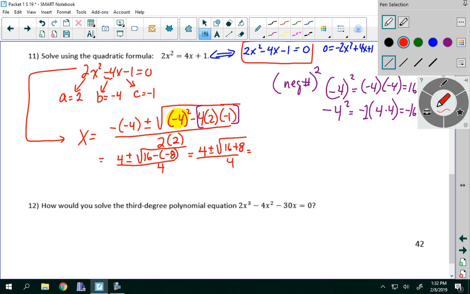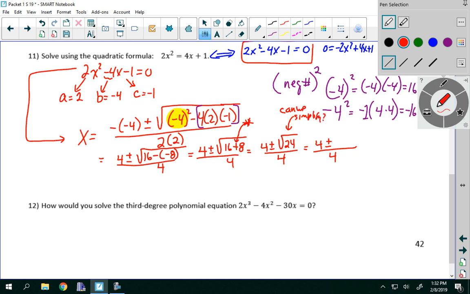Again, this is one area where I sometimes see a lot of errors, when you're subtracting a negative number. So this is 4 plus or minus the square root of 24 all over 4. Now, to get the exact solution, we need to ask ourselves, can we simplify this radical?